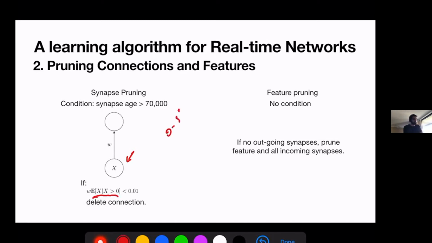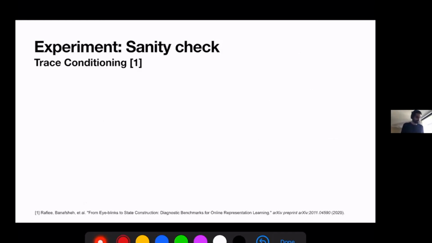And then I'm going to multiply that with this outgoing weight. And if this product is smaller than a certain number, then I'm going to prune that. That essentially says that if you're contributing less than a certain threshold to your next feature, then we're going to prune you. And that's how you prune connections. How do you prune features? Well, if a feature has no outgoing connections, then you just get rid of that feature. So the pruning mechanism is very local.